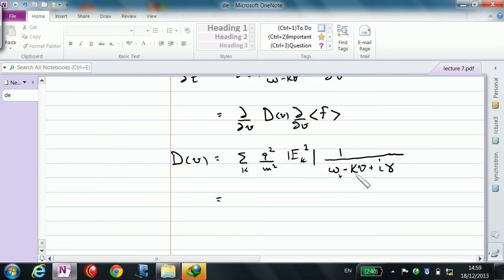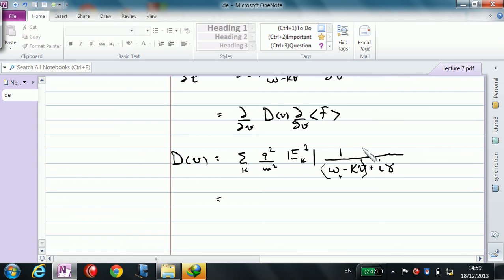Because the denominator is finite even when this is non-zero. But in general, this is going to have a real and an imaginary part.